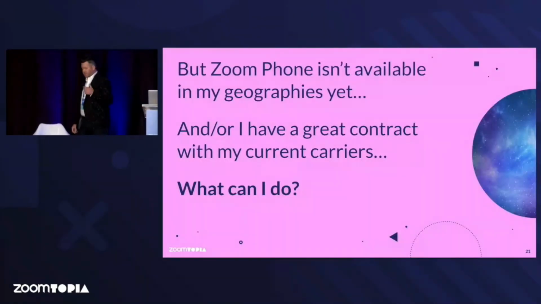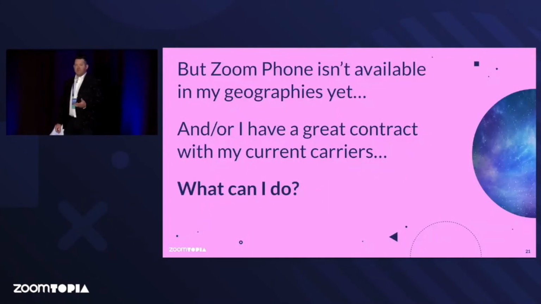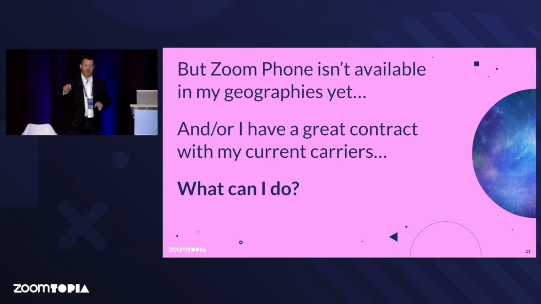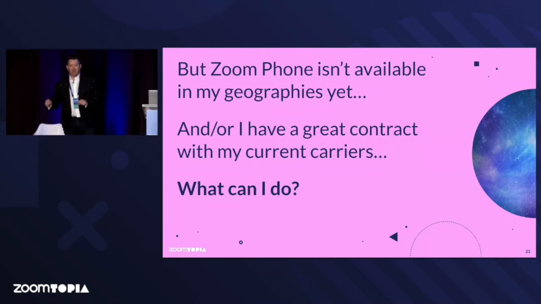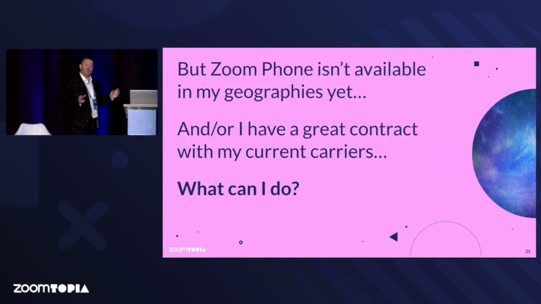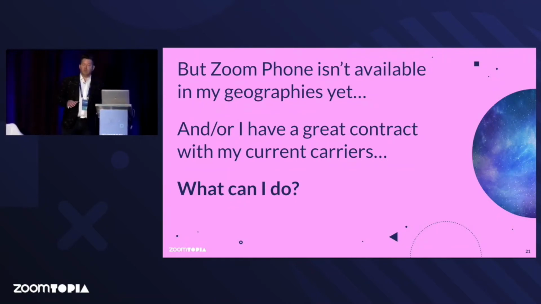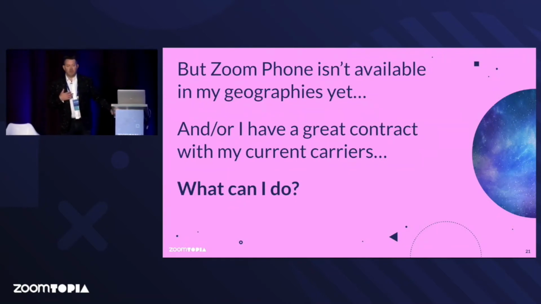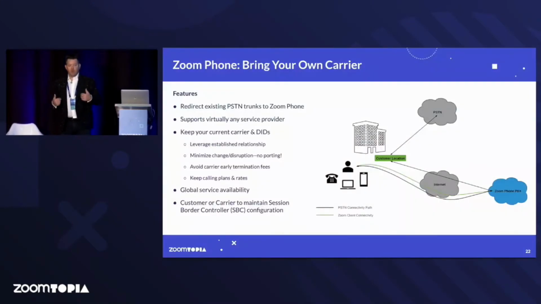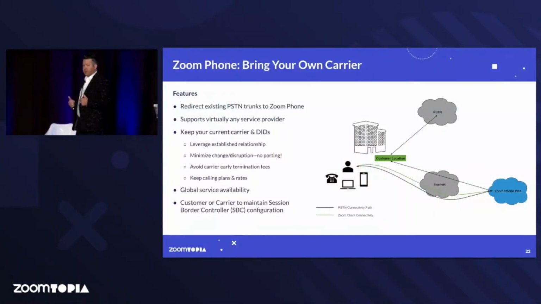But the question is, what if I have offices outside of your current countries? Or what if I really love my current service provider? Maybe you love AT&T, British Telecom, Telefonica, Tata, whoever you're using, we're okay with that. Because not only do we give you the option of using one of our own calling plans, you can bring over your existing carrier and connect your carrier to the Zoom Phone Cloud PBX.